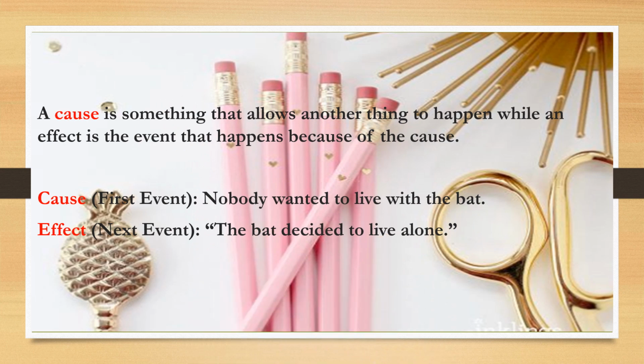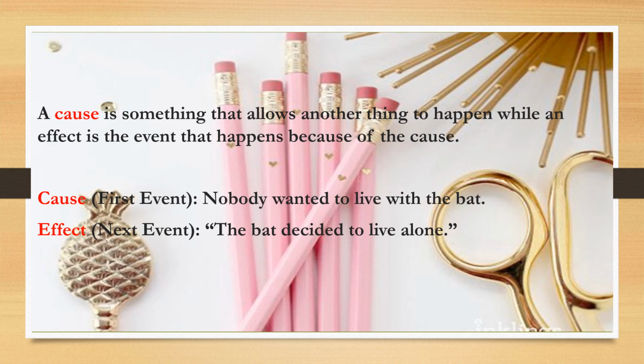In the example given, the compound sentence also expresses a cause and effect relationship. A cause is something that allows another thing to happen, while an effect is the event that happens because of the cause. Going back to the first sentence given, we can identify the following parts. So, for the first event, we have the cause: nobody wanted to live with the bat.